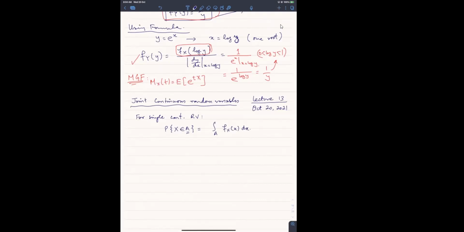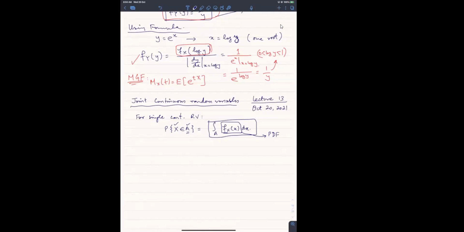So if there is a random variable x such that the probability of x belonging to this interval A is given by this integral over A of some function fx(x) dx, then this function, the integrand, is the PDF of the random variable x. This is the probability density function.